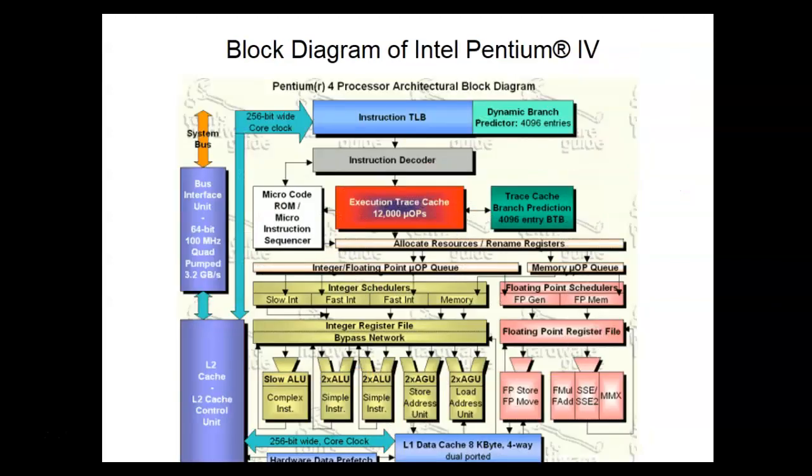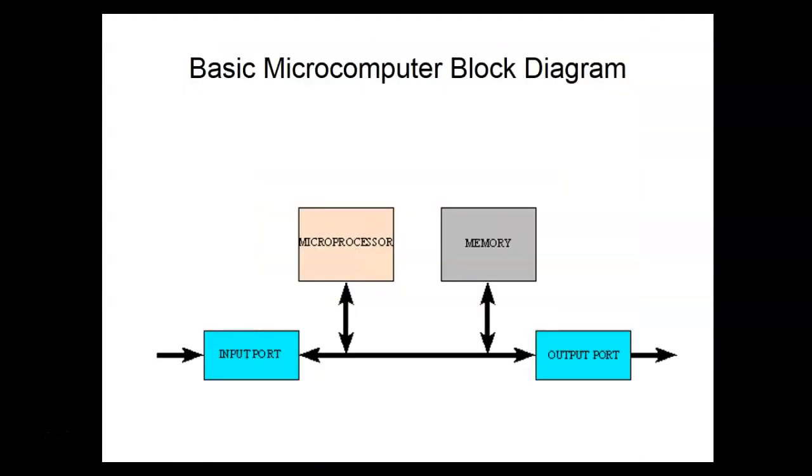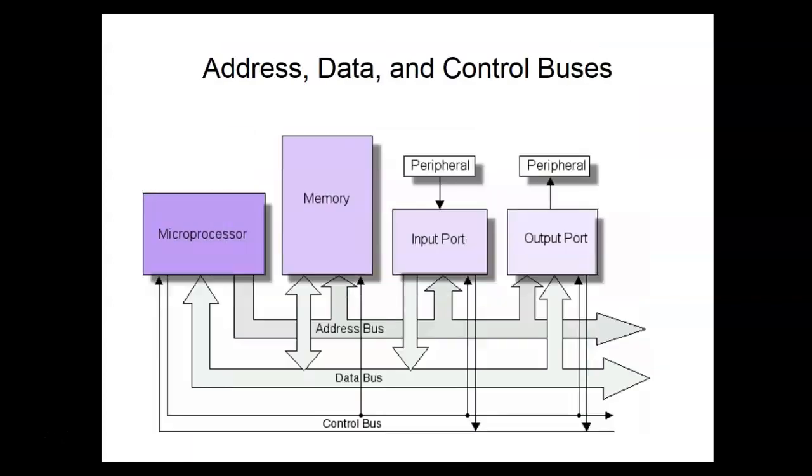This is a Pentium 4. We already looked at that, right? So this is the basic makeup. We have a microprocessor in our PLC. We got 2 types of memory. What are our 2 types of memory?